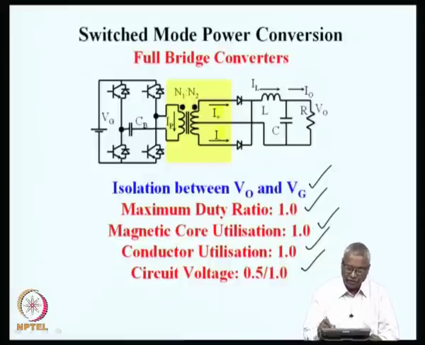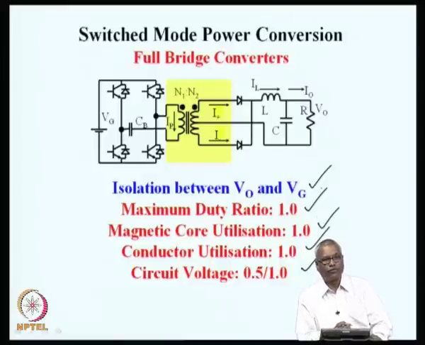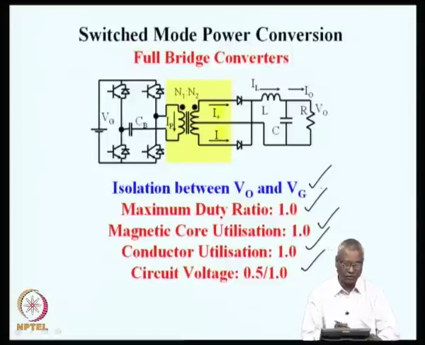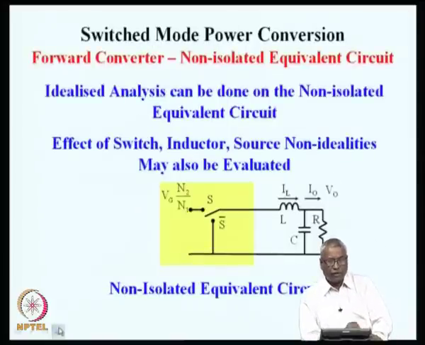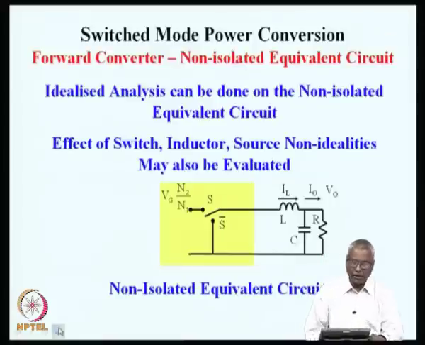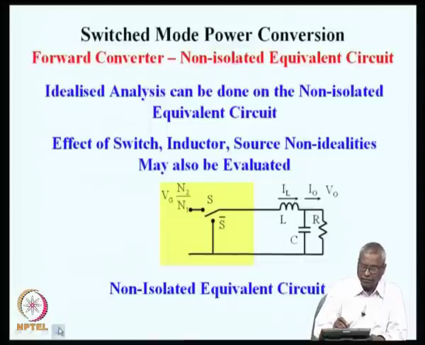So, we can see that every one of those negative points which we started with in isolation have been addressed by all these circuit topologies. But the other performance figures like voltage conversion, current conversion and the non-idealities contributing to efficiency loss and so on, as far as those quantities are concerned, we can replace that isolated converter by an equivalent non-isolated converter.